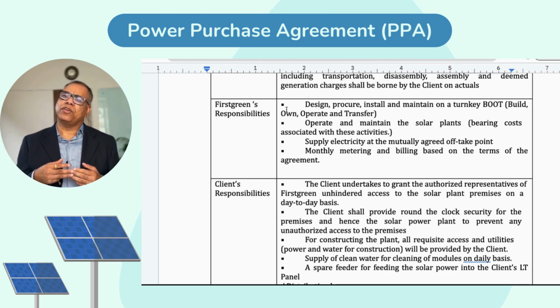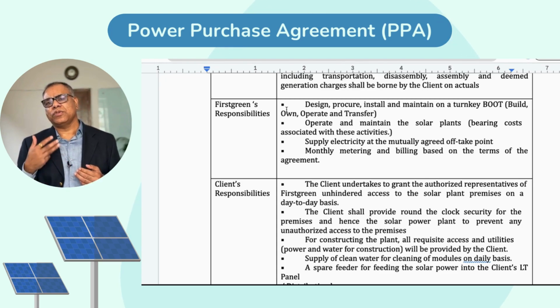So in that scenario, you give a net energy generation guarantee, NEGG, for example on a per megawatt basis, of 14 lakh units per megawatt per year.